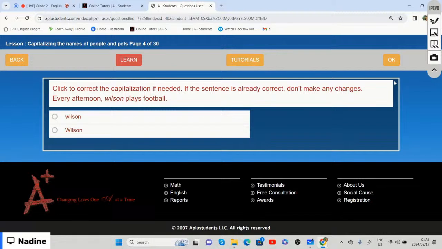And every afternoon, Wilson plays football. Wilson. Is Wilson's name written correctly? Or not even correctly, but is the form right? Do we write it like option one, which stays the same, or option two, which is a capital letter W for Wilson?